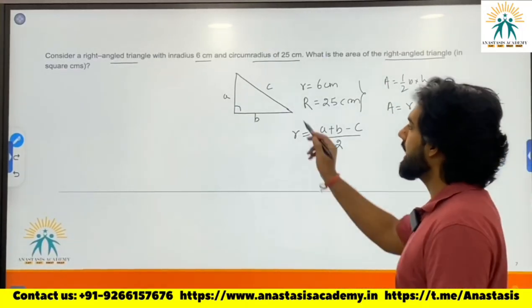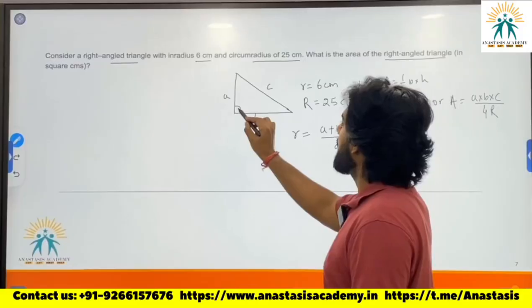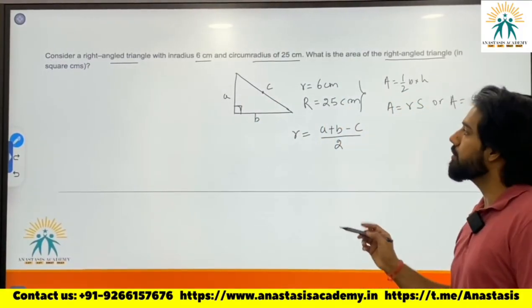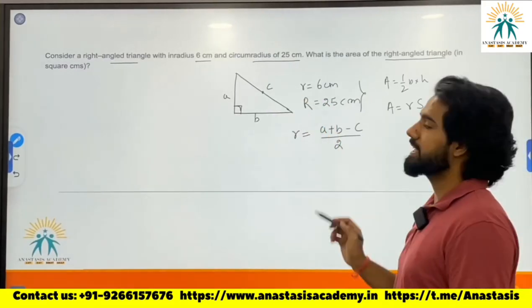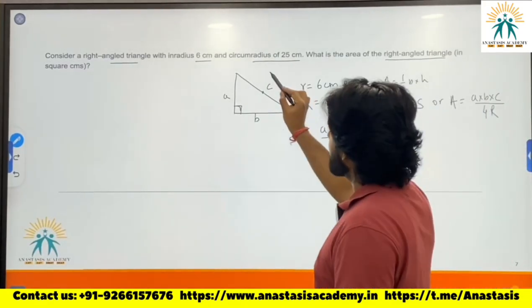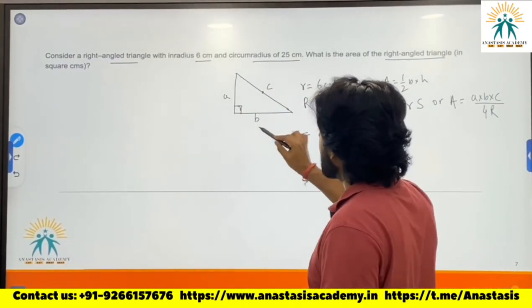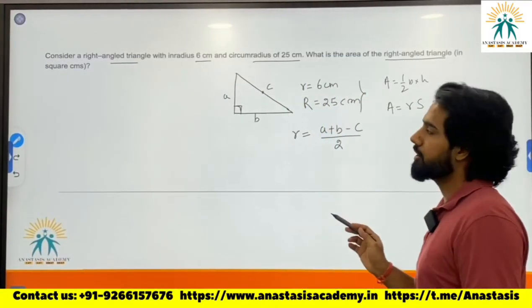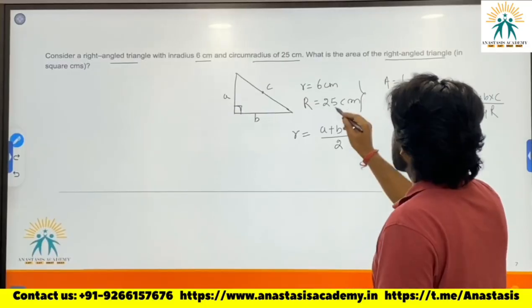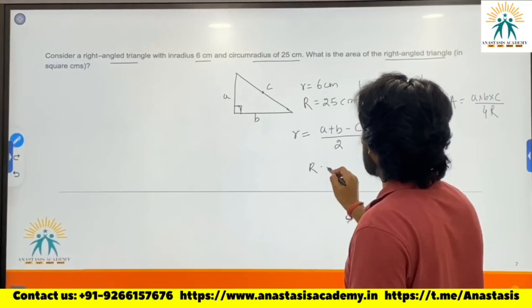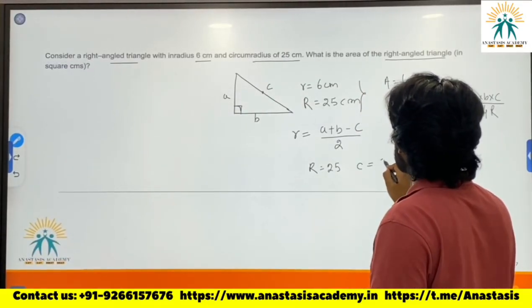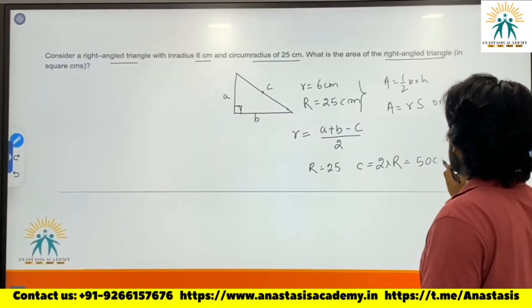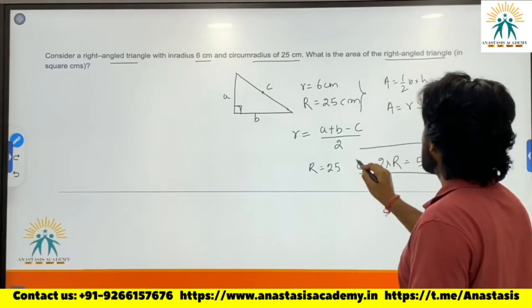Also for a right angle triangle, the hypotenuse is equal to twice the circumradius, because the circle circumscribing this triangle has its center in the middle of the hypotenuse. So C, because the circumradius is 25, the hypotenuse becomes 2 times this radius, which is 50 centimeter. So C becomes 50 from here.